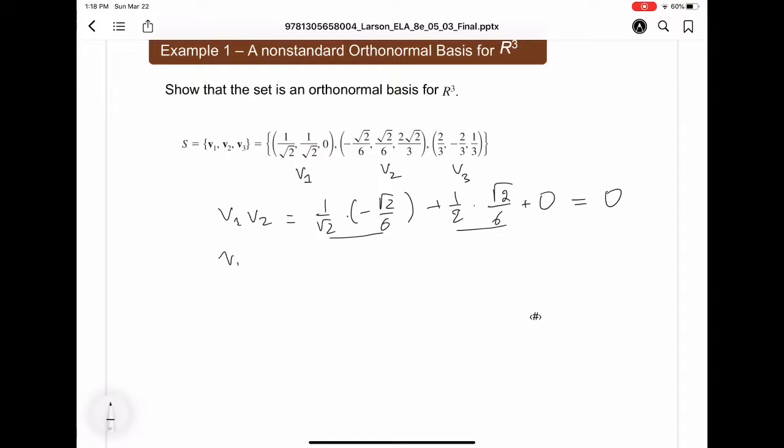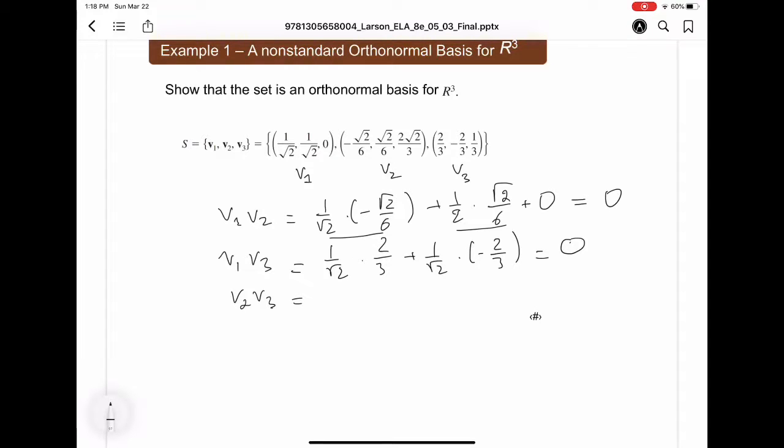Similarly, you can get v1 and v3. That is 1 over square root of 2 times 2 over 3, plus 1 over square root of 2 times negative 2 over 3. This is also 0. The last term is just 0, so I don't write it. And then you consider v2 and v3.